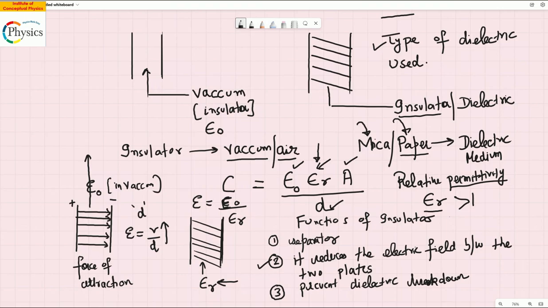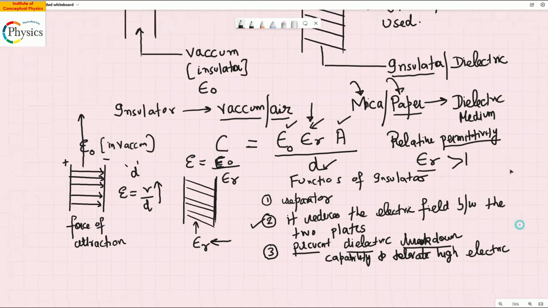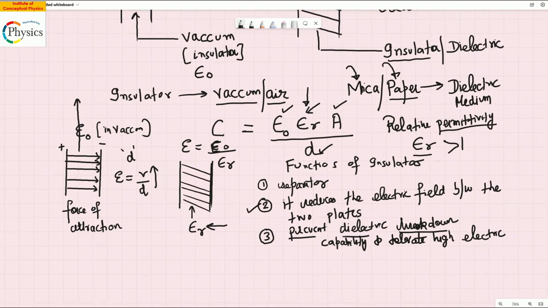So when I say it prevents electric breakdown, I mean the capability to tolerate high electric fields without getting damaged, without losing its insulating property. So you will see a lot of sparks.